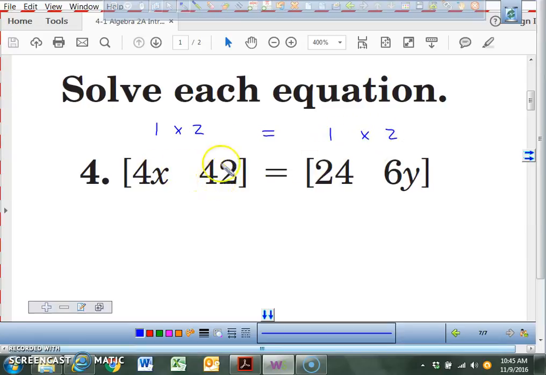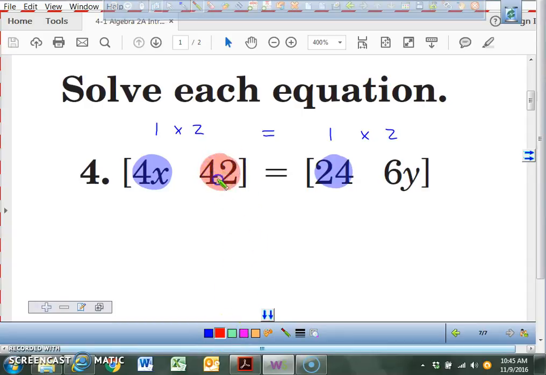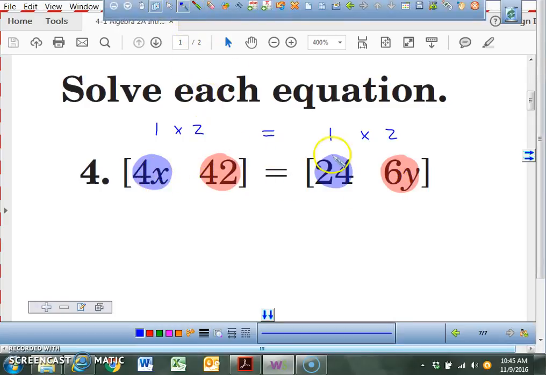It's 1 row and 2 columns. This is where it gets a little bit trickier. You got to understand that each element in this matrix has to equal each element in that matrix. And I'm highlighting it in color so you can hopefully see what I'm saying. This element has to equal this element.